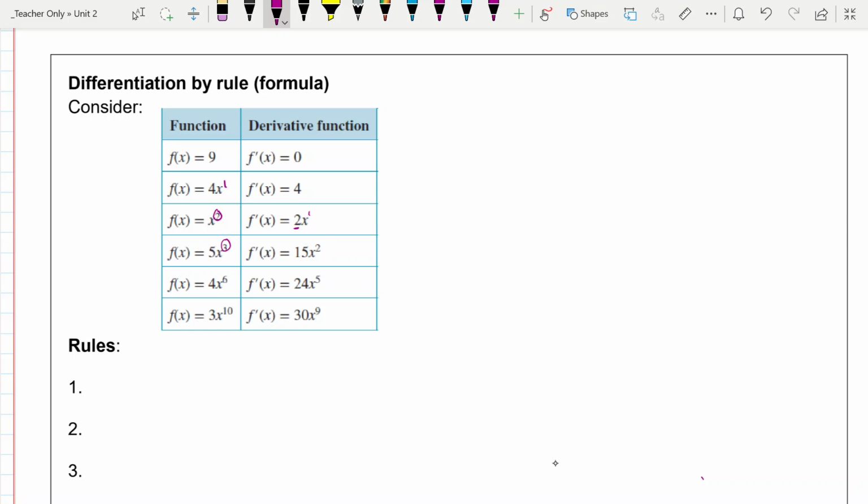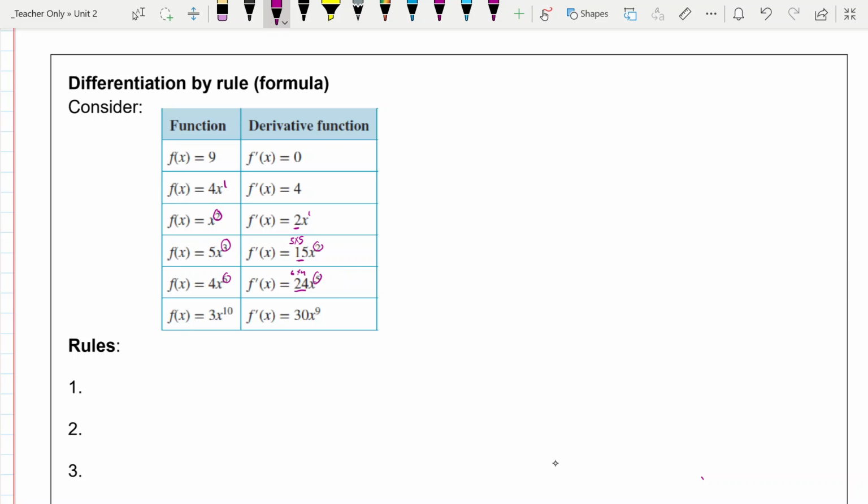Here we have x cubed down to x squared, but there's something else happening in the front. Can you start seeing there's a pattern? Because 15 is 3 times 5, and the 24 is 6 times 4, and again the power goes down.